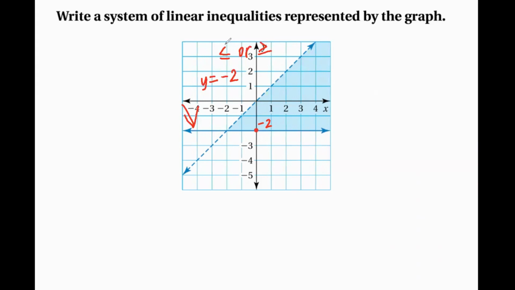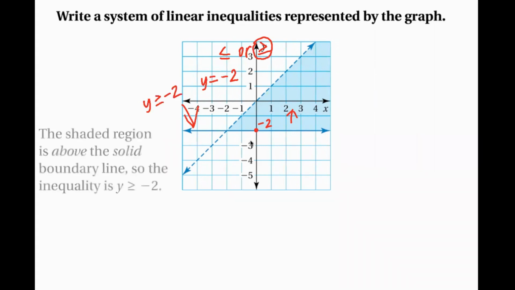The way we know whether it's less than or equal to or greater than or equal to is by looking at the shaded region on the graph. In this case, we see that the shaded region is above our boundary line, so we know that it's going to be greater than or equal to. So as for this line right here, it's going to be y is greater than or equal to -2.